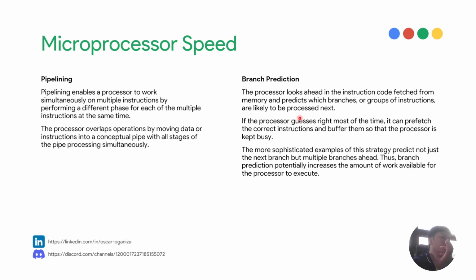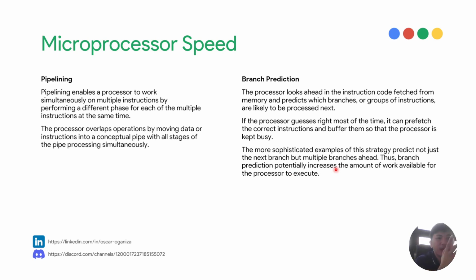If the processor gets it right, most of the time, you can prefetch the correct instructions and buffer them so that the processor is kept busy. The more sophisticated examples of this strategy predict not just the next branch but multiple branches ahead. Thus, branch prediction potentially increases the amount of work available for the processor to execute.